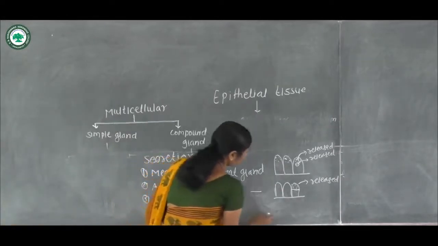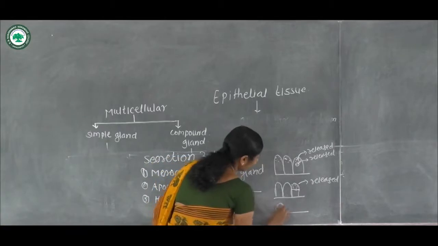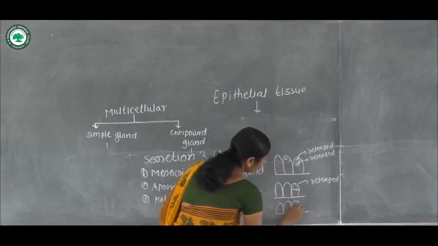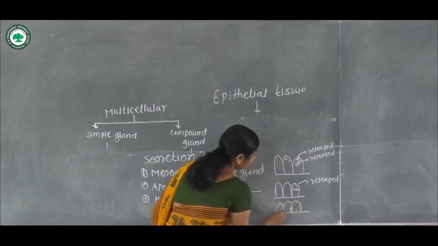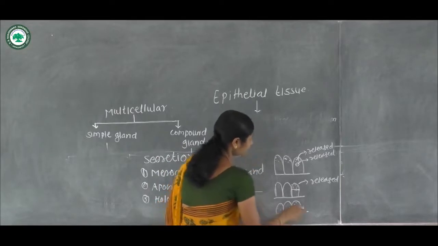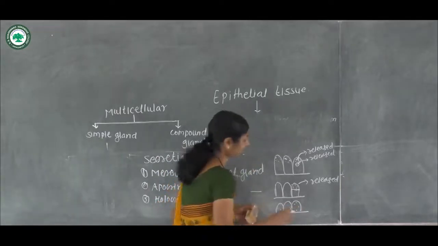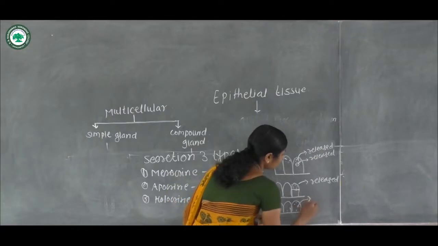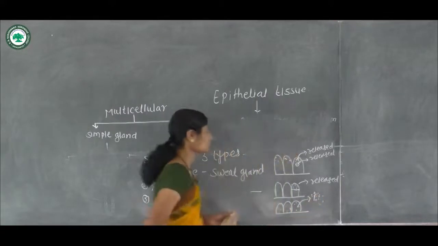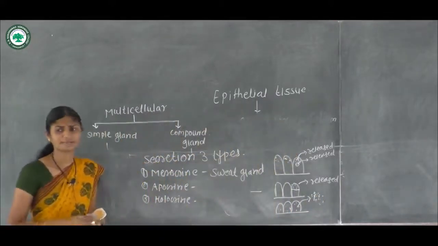Here the whole cell disintegrates, and the remaining undifferentiated cells again produce new cells. The whole cell disintegrates. It is called holocrine secretion.